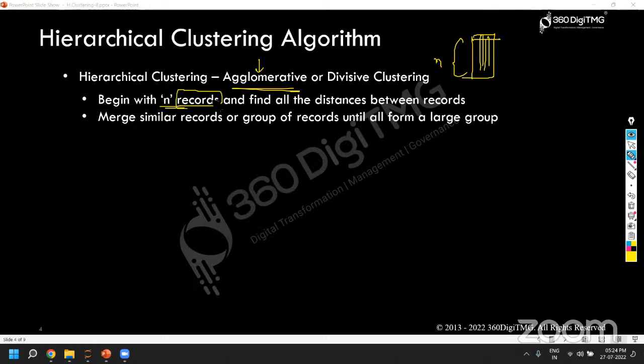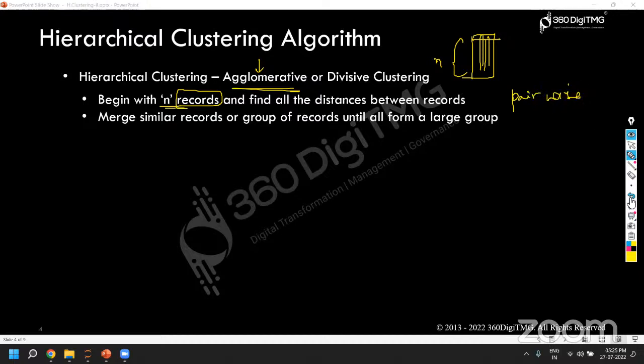That's the first assumption that we make. And then we'll try to group the records together. And then we will try and measure the similarity between the records. We do pairwise similarities.